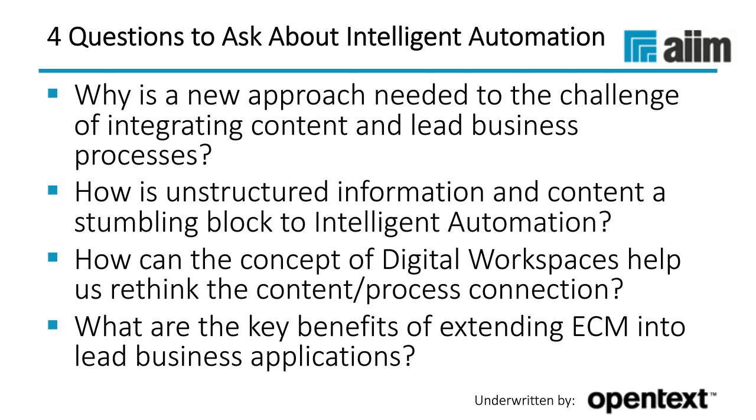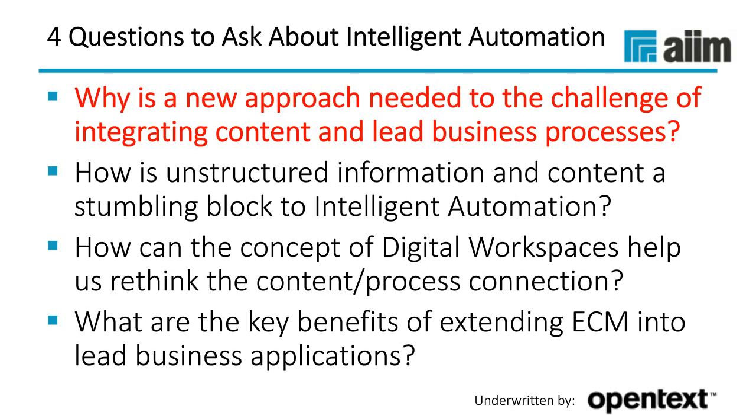How do we think about this problem with regards to content and lead applications? And do we need a new concept of how we think about digital workspaces, to give us a different perspective on how to attack the problem? And then lastly, as you look down the path, what are some of the benefits of extending ECM into lead business applications?